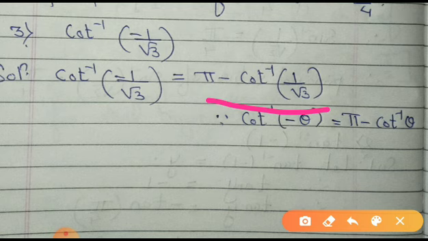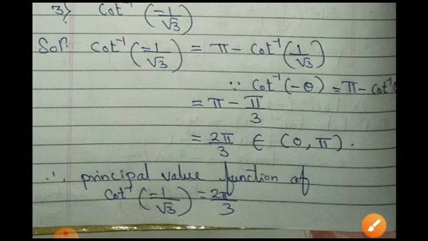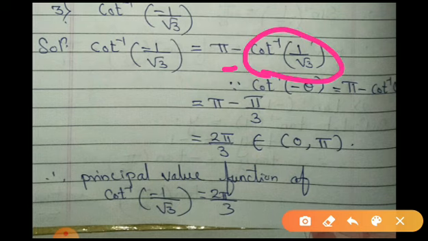Now at which angle is cot 1 by root 3? Yes, it will be pi by 3. So it is pi minus pi by 3, and the answer I'll be getting is 2 pi by 3.